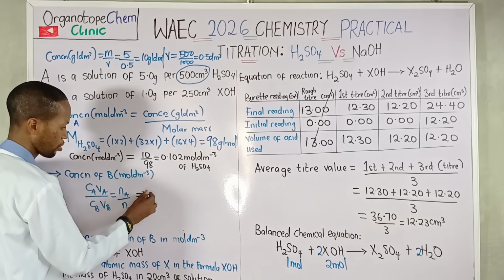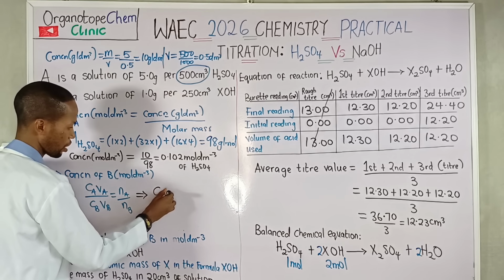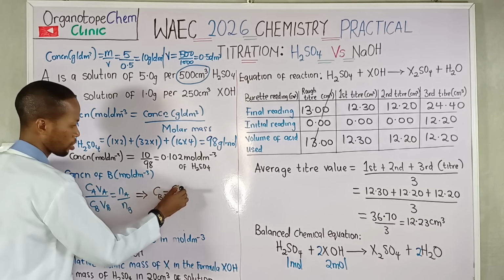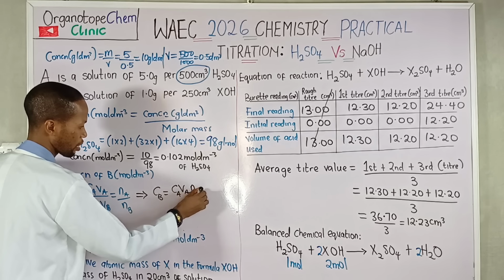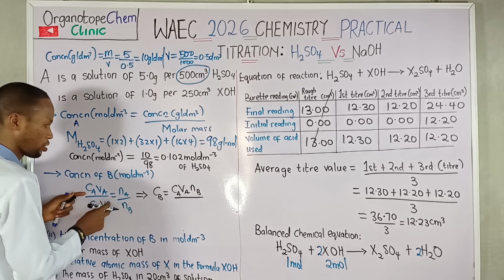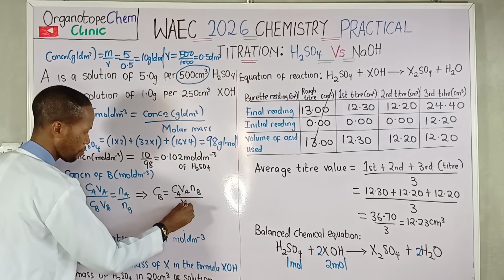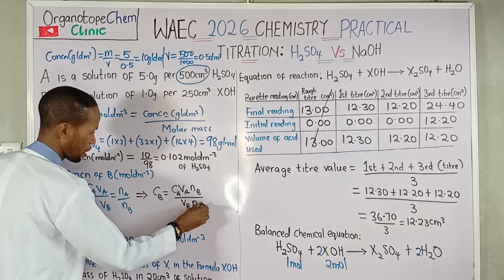We have Cb equals Ca Va Nb, that's when you cross multiply, divided by Vb Na.